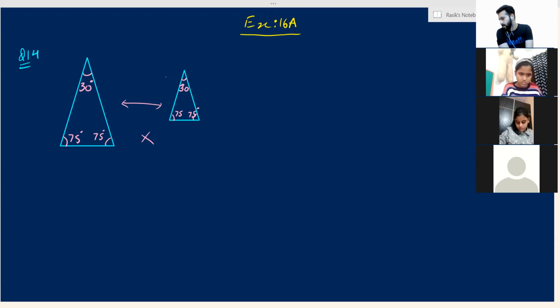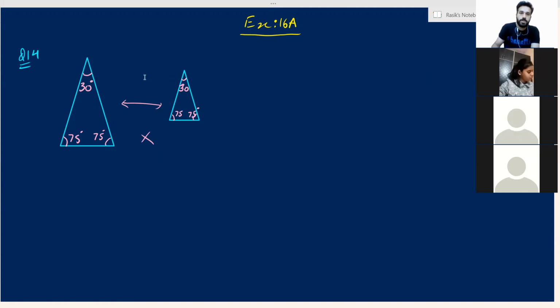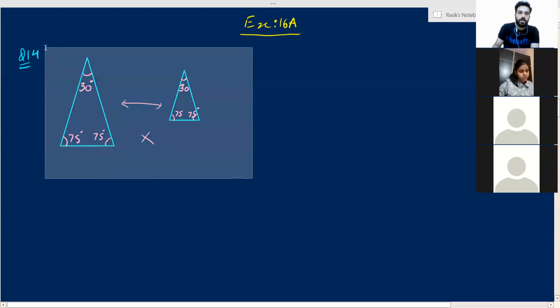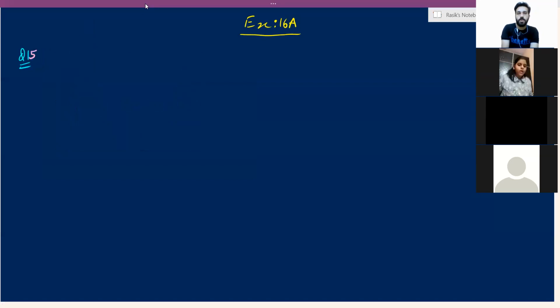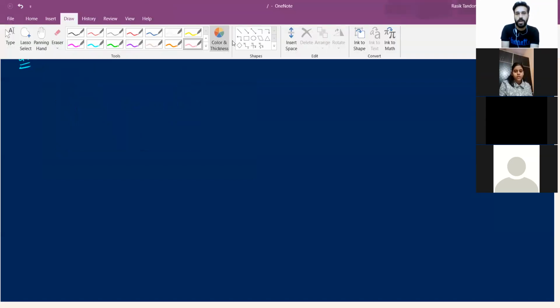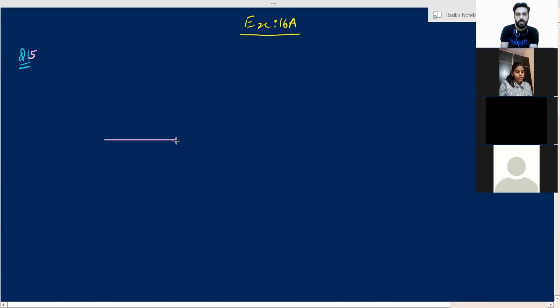Question 15, very similar to this. Now two sides and one angle of two triangles are the same. Then you have to tell whether the two triangles will be congruent or not. For that also I will draw a figure to explain what this means.